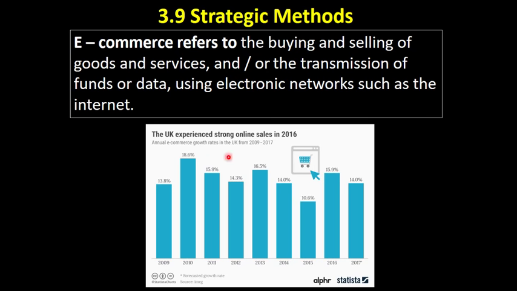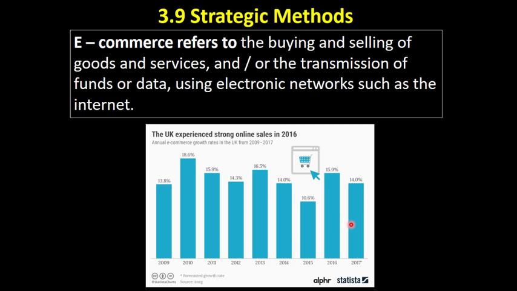I've just included this graphic here from Statista that shows how fast e-commerce and online growth is in the UK. This is really the area of development in retail. If you listen to the news, you'll hear about what a tough time retailers are having, particularly those that have been slow to adopt online trading.